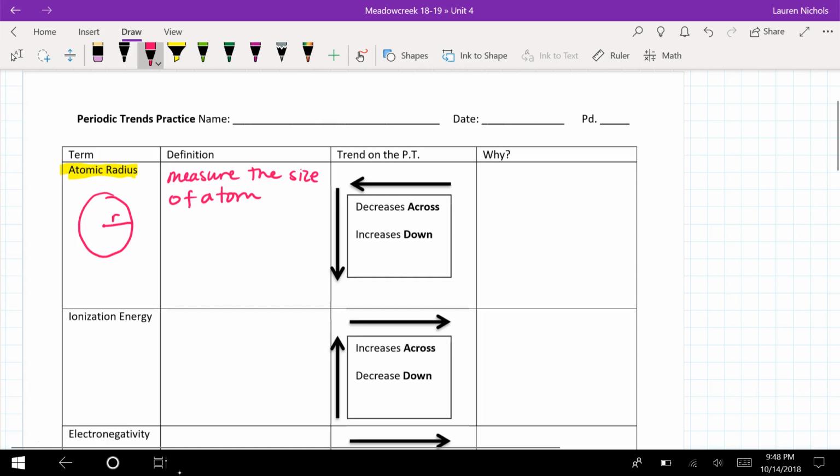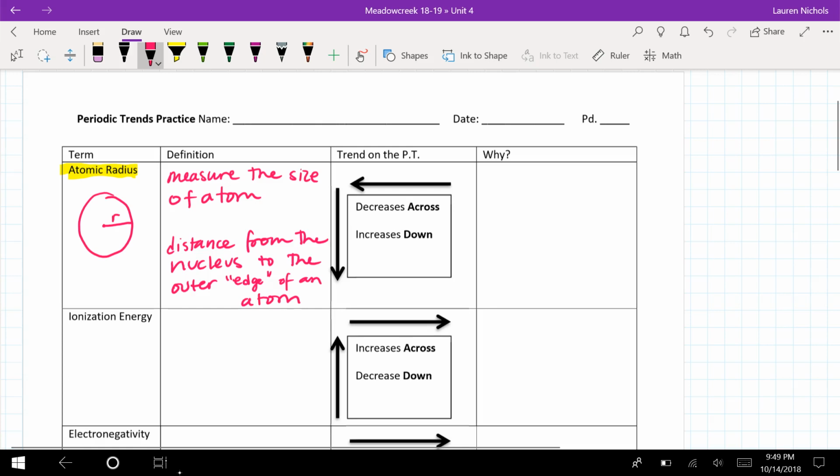Essentially it's the distance from the nucleus to the "outer edge." I put that in quotes because there's not really a defined line. The outer edge is just the farthest spot that an electron attached to that nucleus can be, the outer edge of an atom. Just think about it in that language.